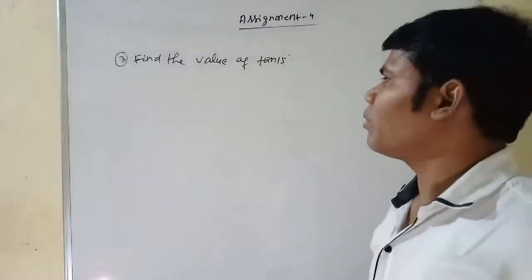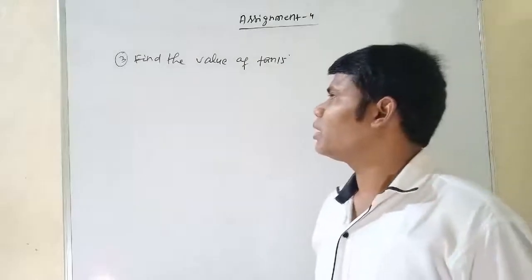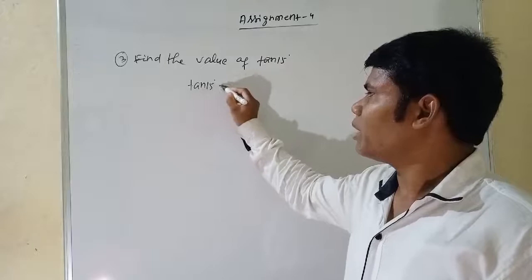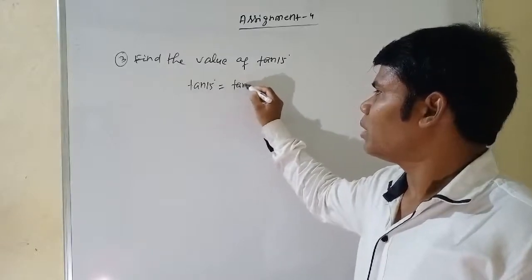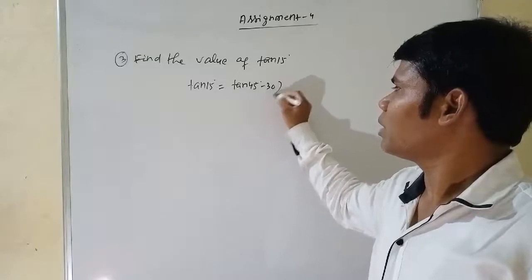You see the next problem. Find the value of tan 15 degree. Tan 15 degree is equal to tan of 45 degree minus 30 degree.